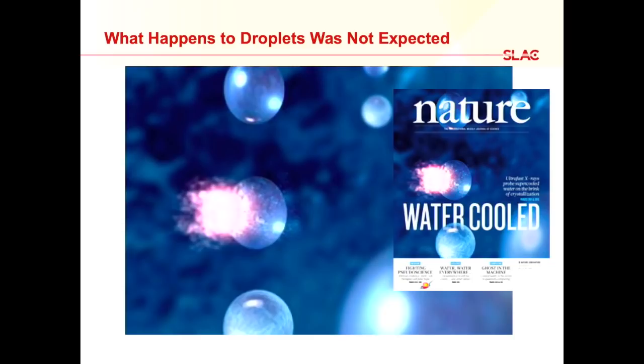And this is what people thought happens to a droplet when you hit it with an X-ray laser beam like this, where the water is just shooting out the side that you hit. And this even made the cover of a very, very reputable journal where we just got this artist rendering wrong here. A few years later, we showed that that's not at all how water droplets explode when you illuminate them with an X-ray laser beam.